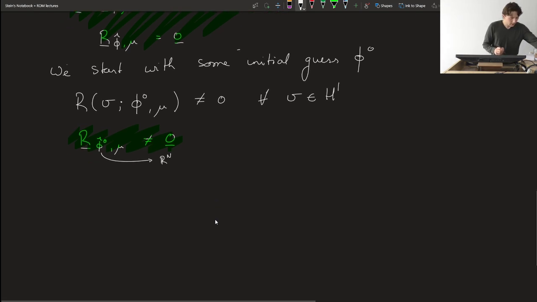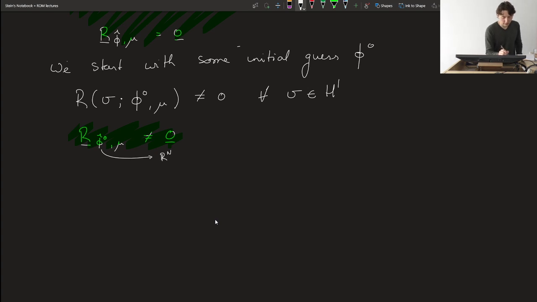Okay, so our approach for solving this is that we're going to look for an increment, delta phi, that fixes this problem, the problem of this not being equal to 0.